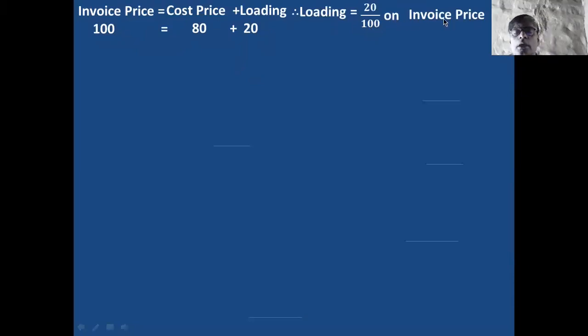This equation you apply for removal of loading. Then next equation is loading is equal to 20 by 80 on cost. This equation you apply for adding loading.